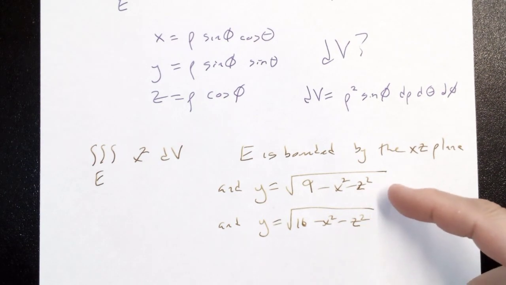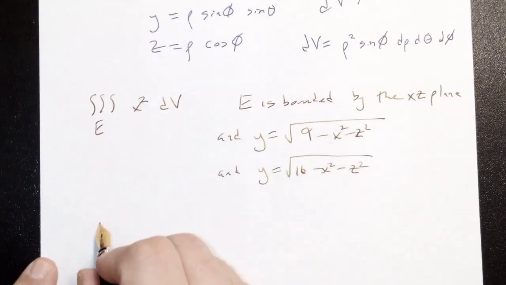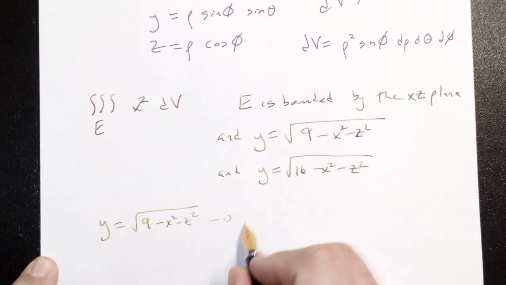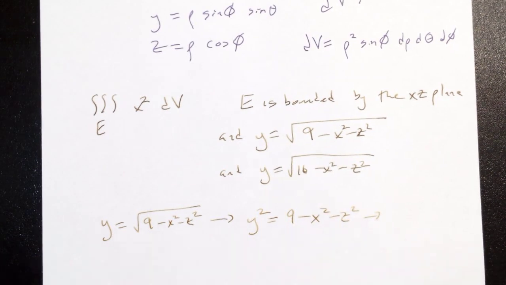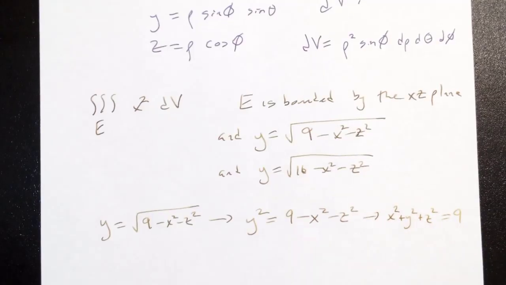Well, what are these equations? If I take that equation and I move it over, I get x squared plus y squared plus z squared equals 9. What's that the description of?